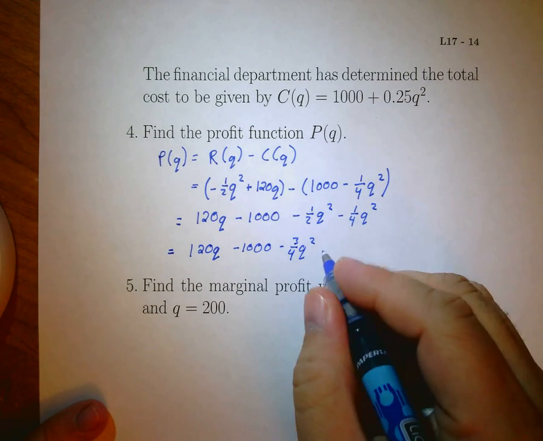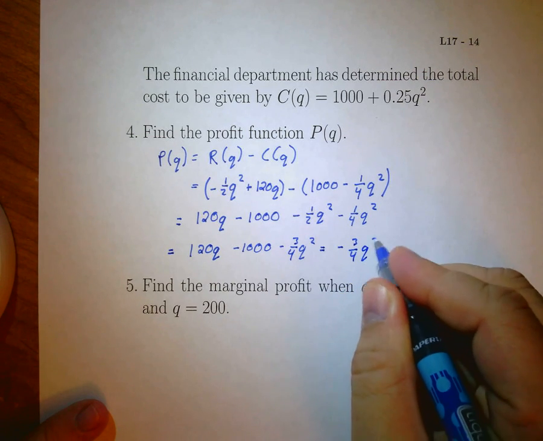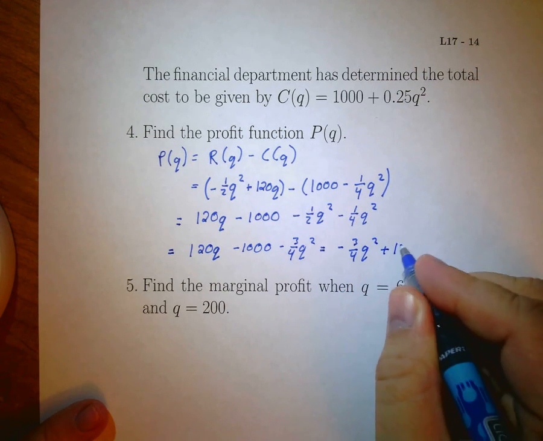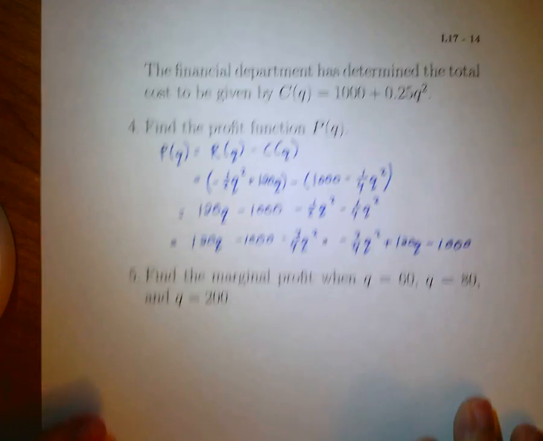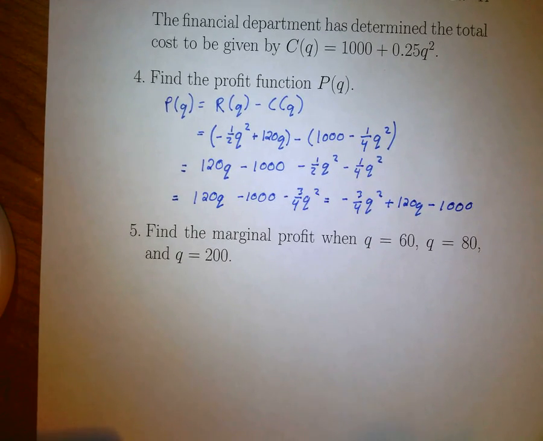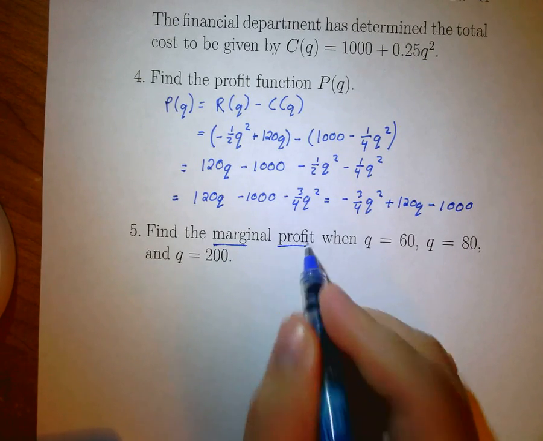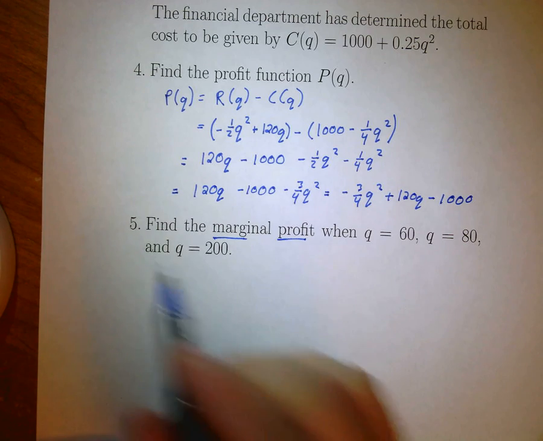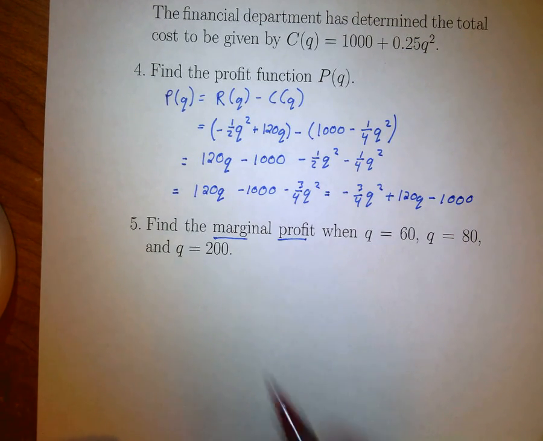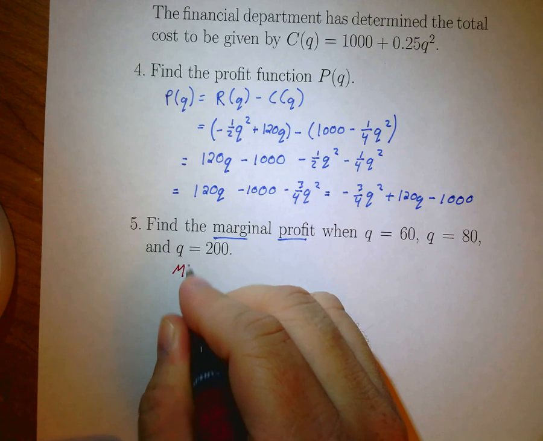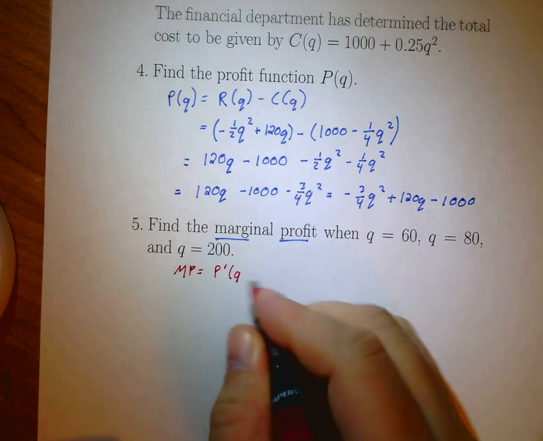And typically you write that in decreasing order. So I'll write it as negative 3/4 q squared plus 120q minus 1000. Alright, that looks a lot better. Now, the same thing as when we had marginal revenue: marginal profit is just a fancy way of saying the derivative. So first, I'll figure out the marginal profit, which is just the derivative of the profit function.